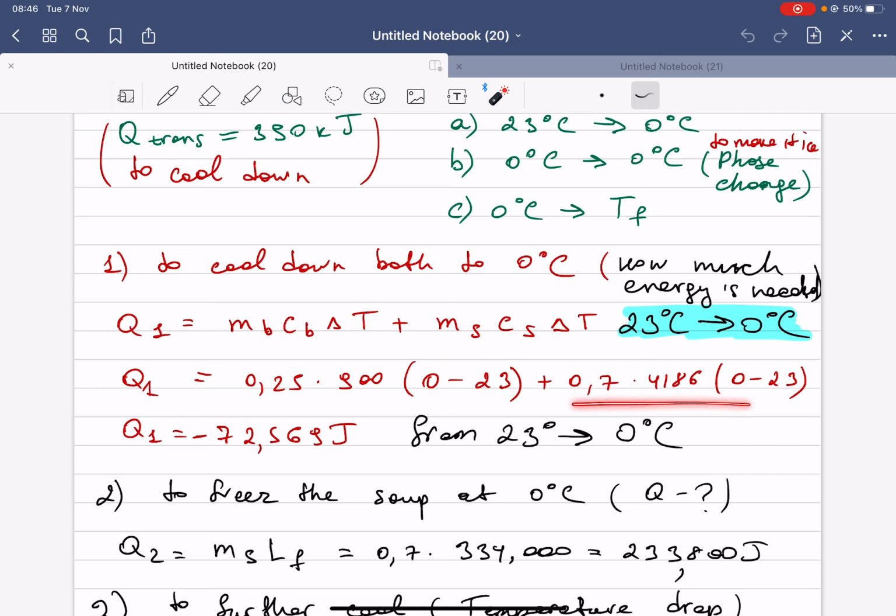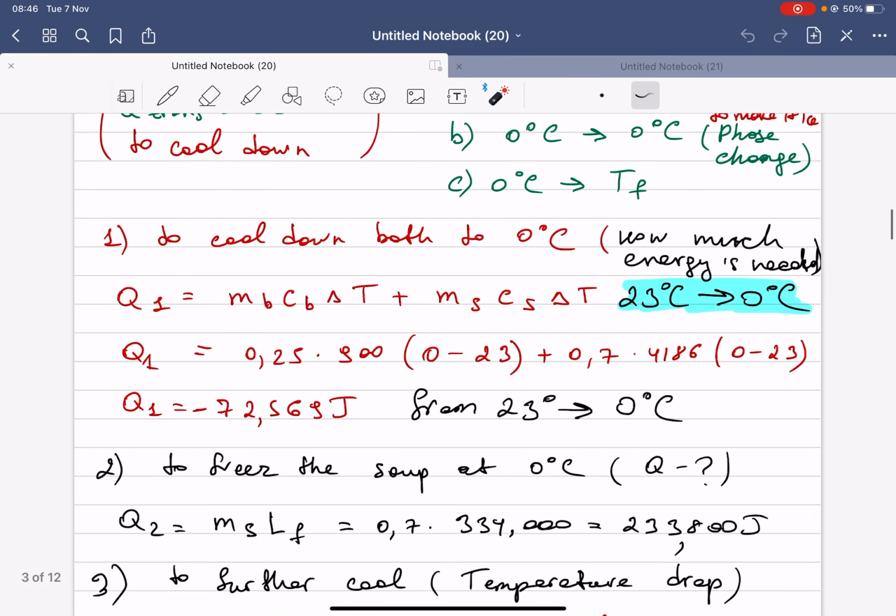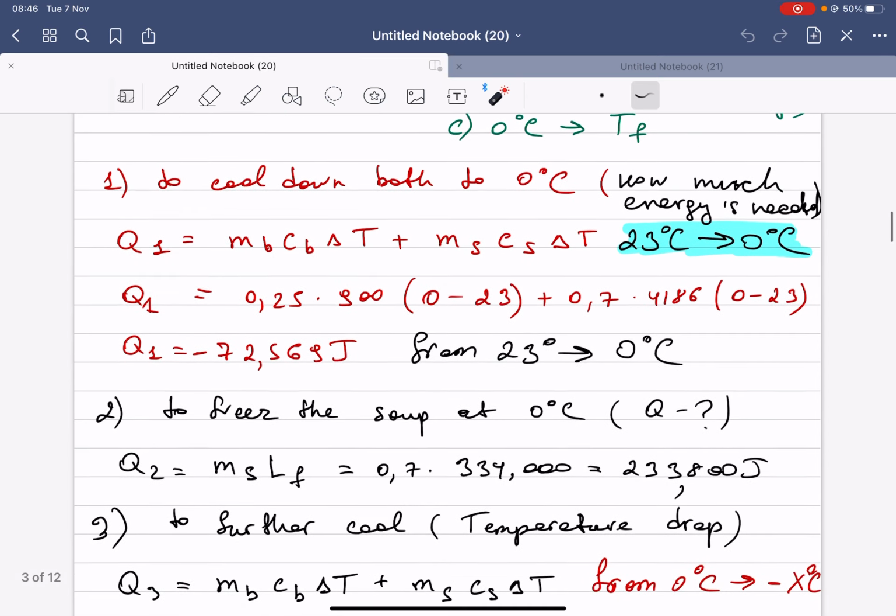You put in all these numbers and we get negative 72.569 joules. As I said, the negative sign just means that heat was released when it cooled down. When you're calculating the final result, just ignore this negative sign.